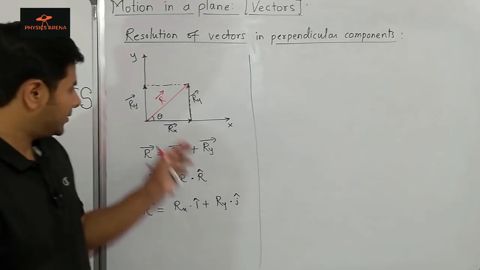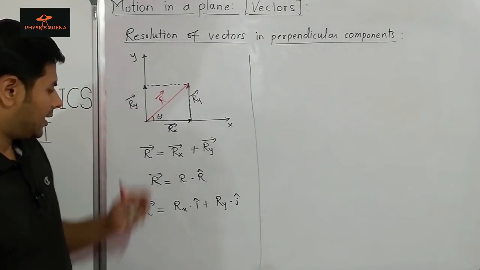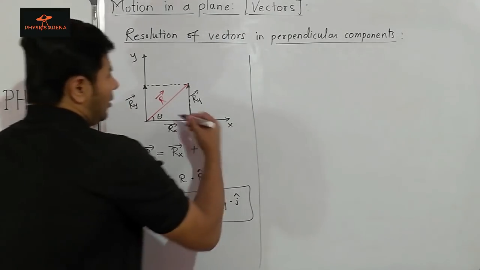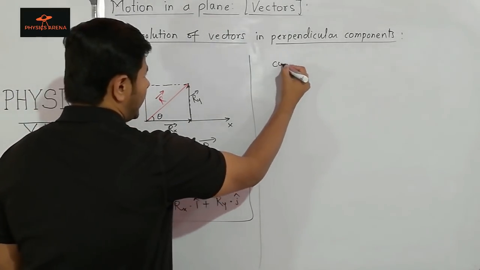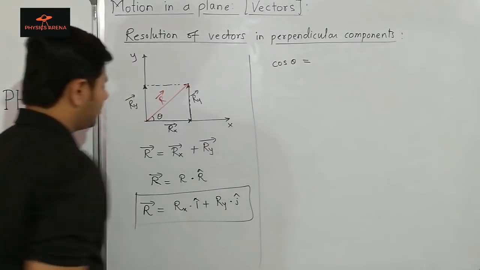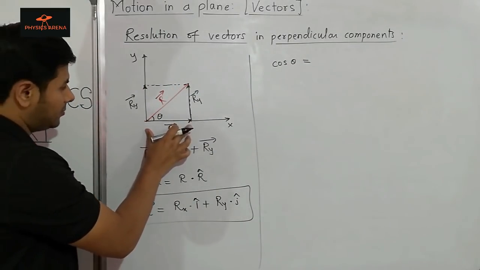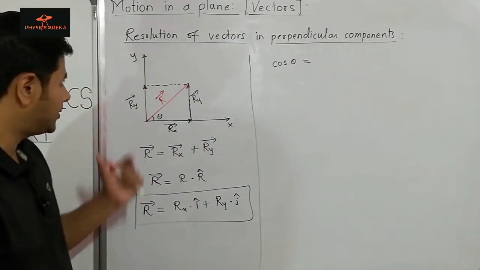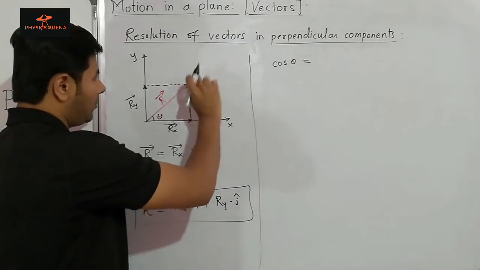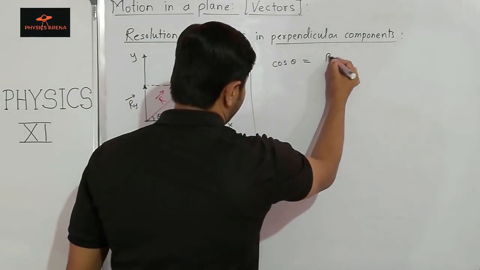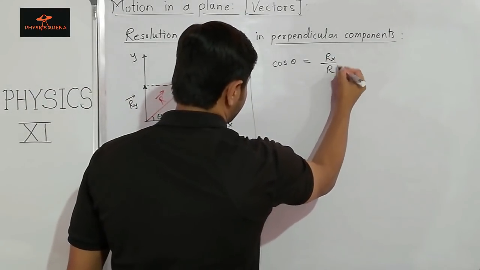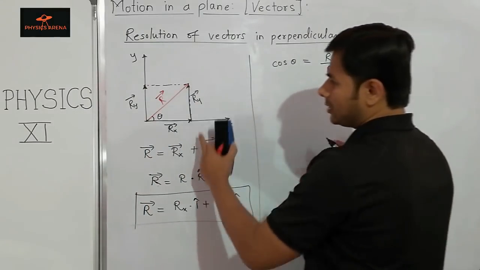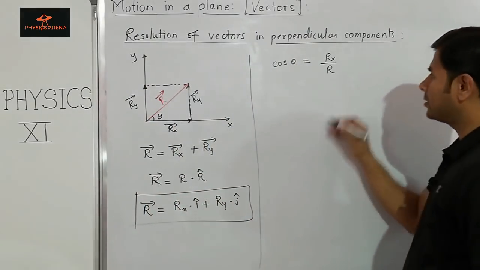Now let's find this rx and ry. So from here I can write cos of theta equals to this side. So the length of this side is the magnitude of rx bar, rx, divided by the hypotenuse. So it is rx divided by r, and similarly sine of theta is this ry divided by r.